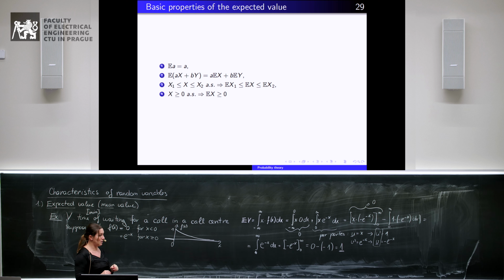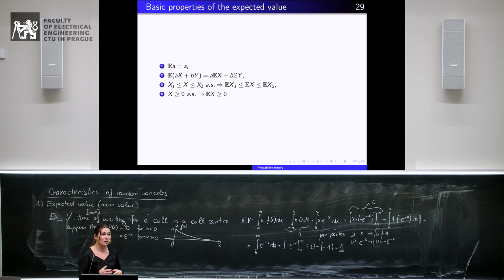And why do I mention this property? Because you could see when I calculated the expected value in the case of the time of waiting for the call, we had many minuses in the calculation. And it is very easy to make some mistakes, to forget some minus, or to make some other kind of mistake.